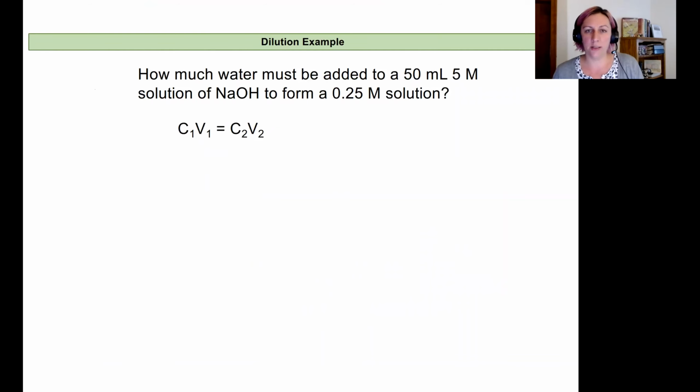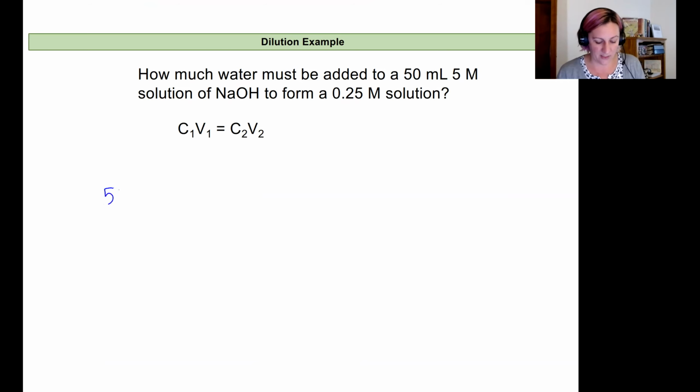How much water must be added to a 50 milliliter 5 molar solution of sodium hydroxide to form a 0.25 molar solution? In these problems, the equation is pretty simple to solve. The trick is just making sure you are appropriately identifying which is concentration 1 and which is concentration 2. So I'm going to write out all the information that's given to us.